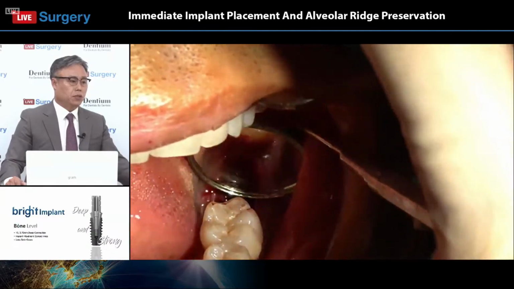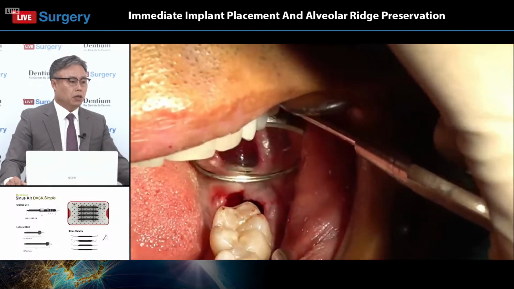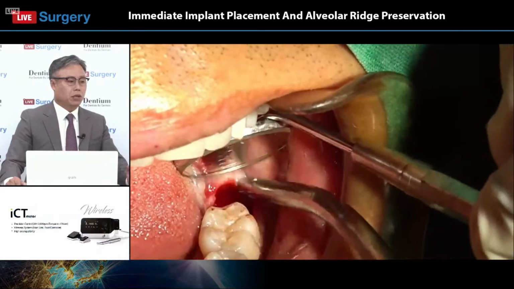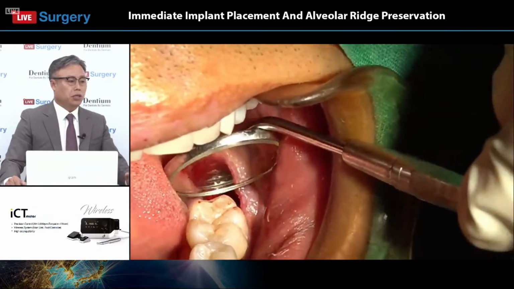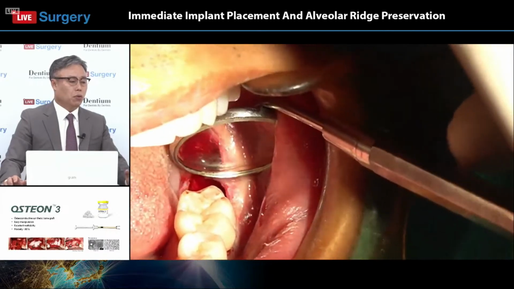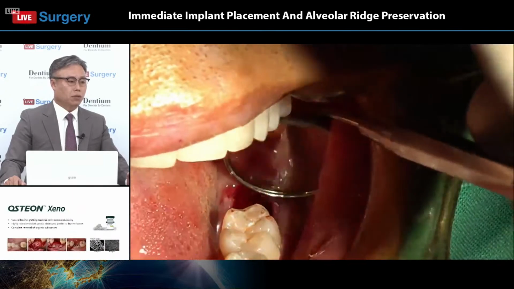So in long-term maintenance, there will be some problems. Shallow vestibule will end up with problems around the implant soft tissue.